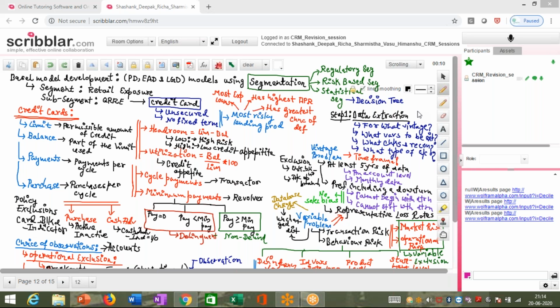Now, after the data has been extracted, the second step of the model development exercise is going to be the data quality check exercise. So we need to understand how this data is being created, or what it is exactly about.